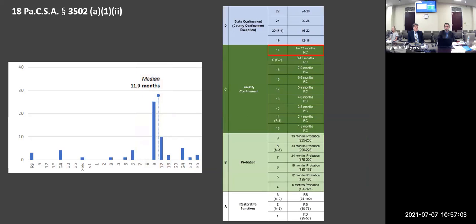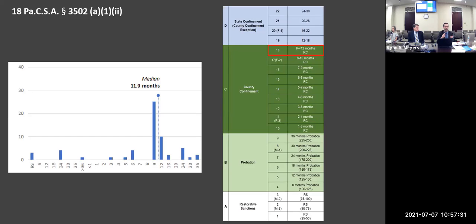So if we take this as an example, and the first example, if you remember, that 4 months fell into 3 cells: 2 to 4, 3 to 5, I think, and 4 to 6. And this current one here, 11.9, actually only falls within the OGS of 18. There are not multiple choices where the median falls. I think the other example was similar, there were 2 examples that it would fit within.